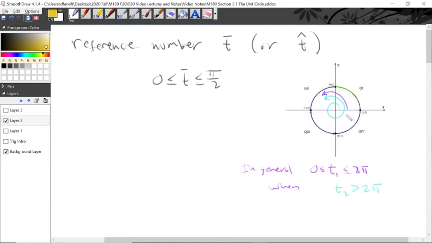Also, if we had some negative value of t, that also would have terminated in the same location. So, for instance, this could be a possibility. It would also be possible to have a negative value of t such that we would have gone through maybe a complete rotation and then back again. And these would have been coterminal as well.